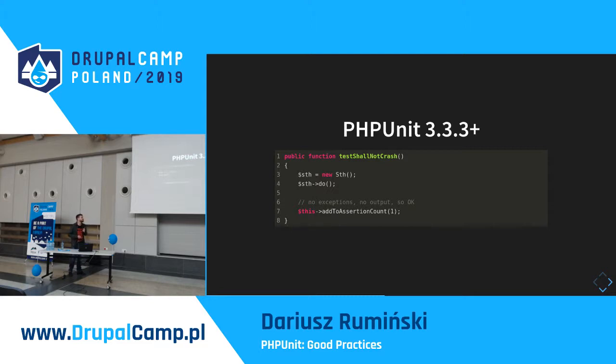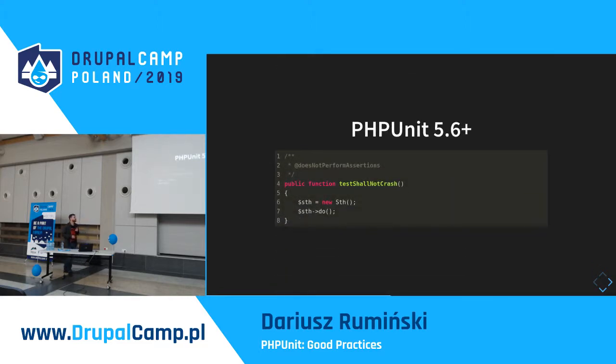Nobody knows why. So with 5.6 we have an explicit annotation that this whole test is not supposed to run any assertion, and it's fine. So we now have a self-describing annotation providing us the details why we are actually not having an assertion here.